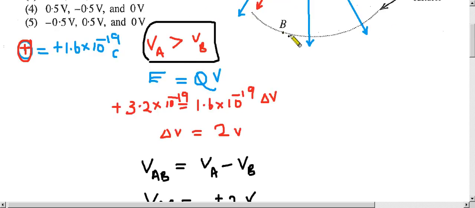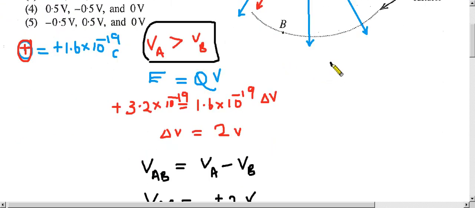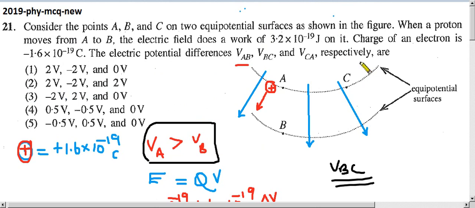Now let us try to find out VBC. This surface is what they call an equipotential surface.